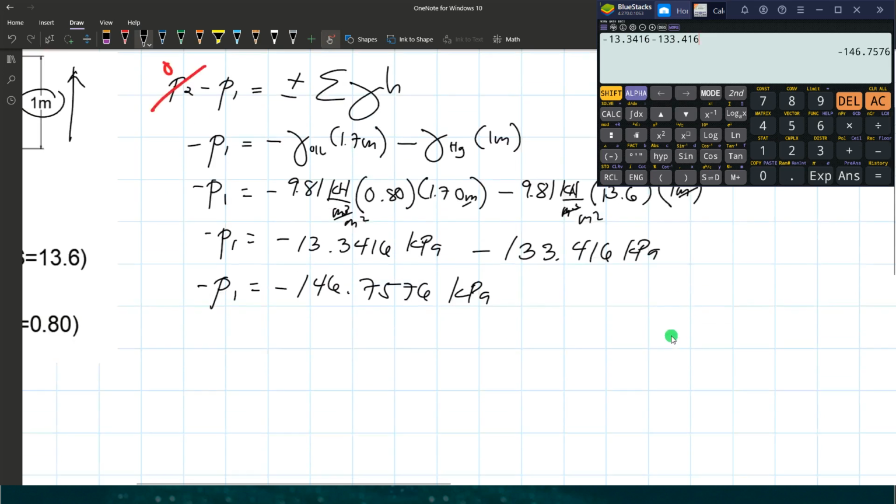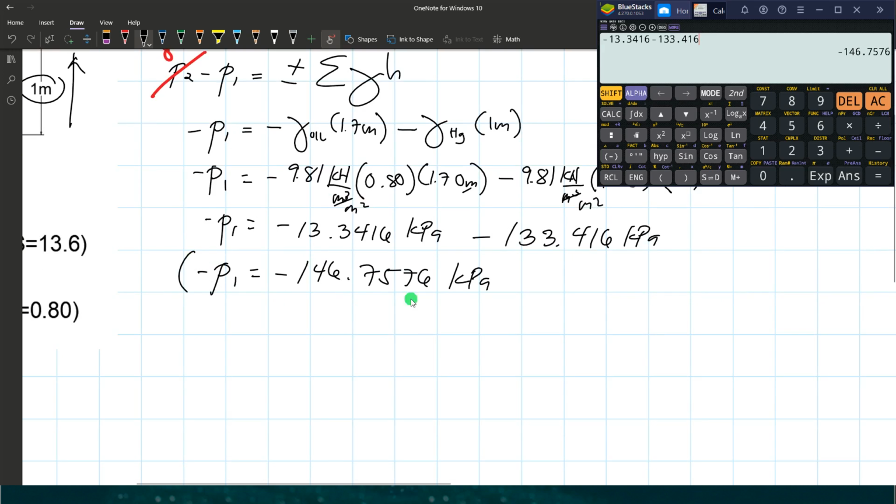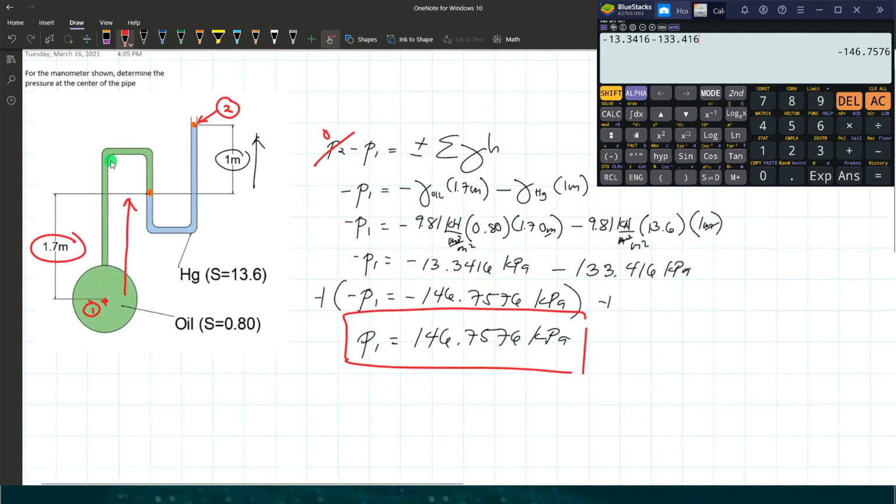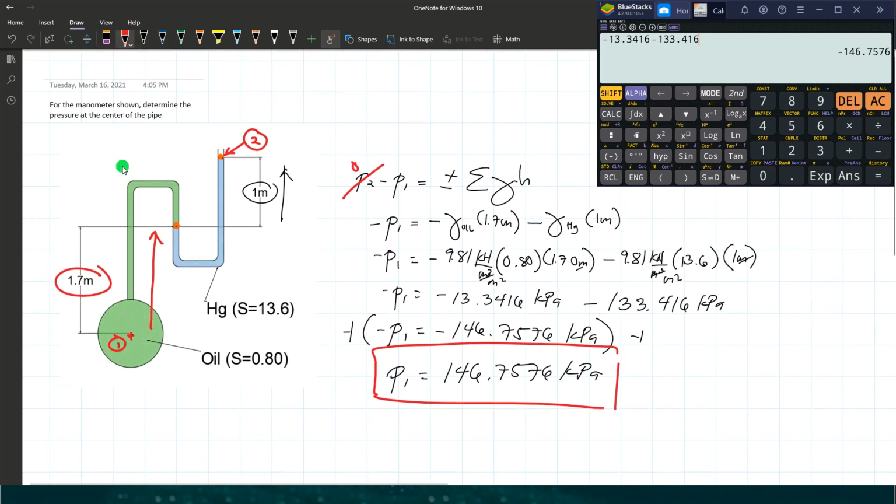Okay, so let's make P1 positive. We multiply both sides by negative 1. So P1, the pressure at point 1, is equal to positive 146.7576 kilopascals. So that's the answer for the pressure in the pipe.